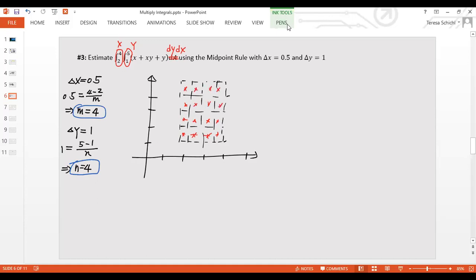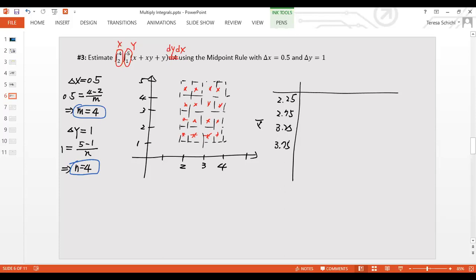We can make tables. The x-axis starts with 2, so the first point is 2.25, then the next is 2.75, then 3.25, and then 3.75.